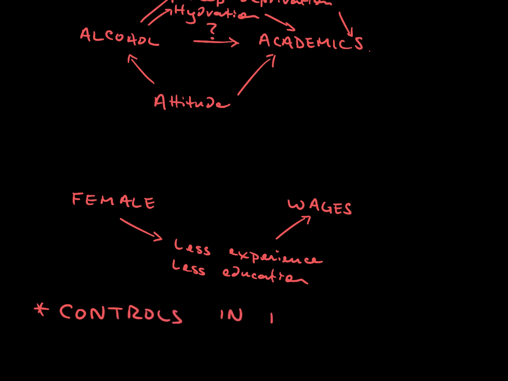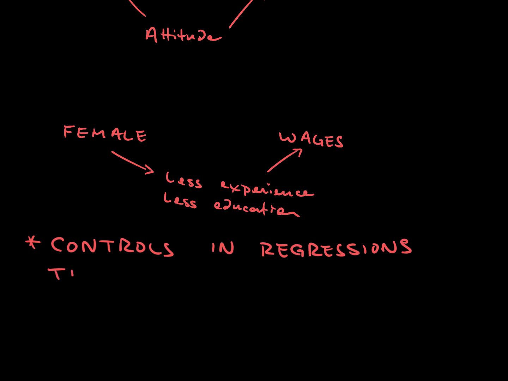Controls in regressions try to reduce the problem. Okay. Any explanatory variable that is included in the regression.